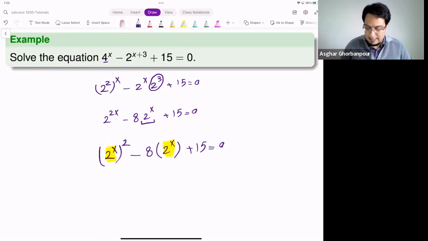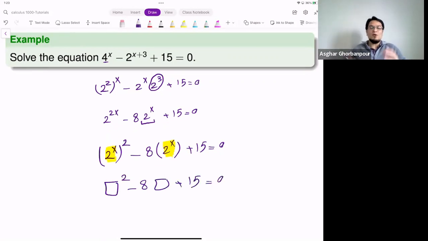I can see that this, in terms of 2 to the power x, is just a quadratic equation. You see, when there was 2 to the power x there, it was a strange, funny thing. But now if I take 2 to the power x as my new variable, this is just a quadratic.